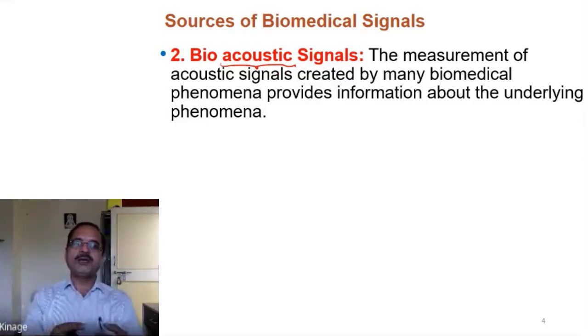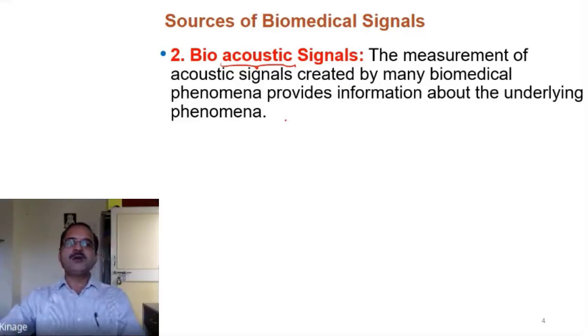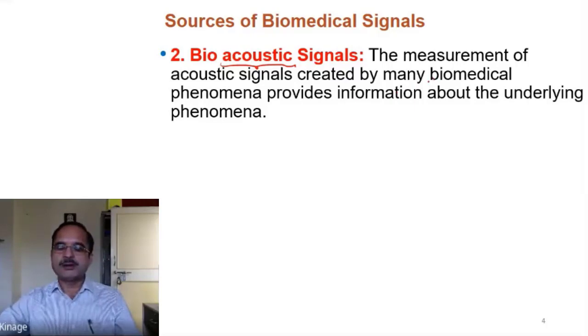Stethoscope they use to hear the sound produced by the pumping of the heart, and with the help of that sound they perform diagnosis of any disease. Okay, so those are the acoustic signals, bioacoustic signals, that is the sound produced because of biomedical phenomena.